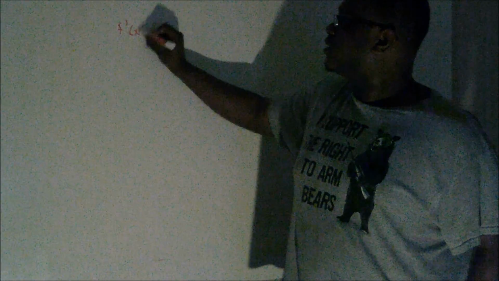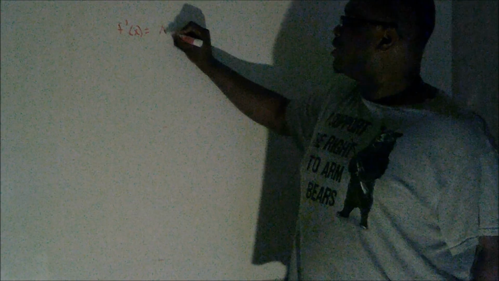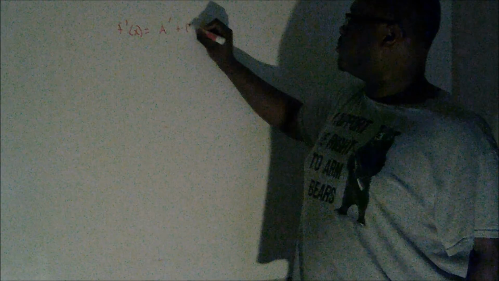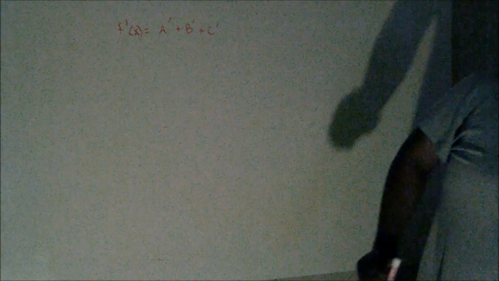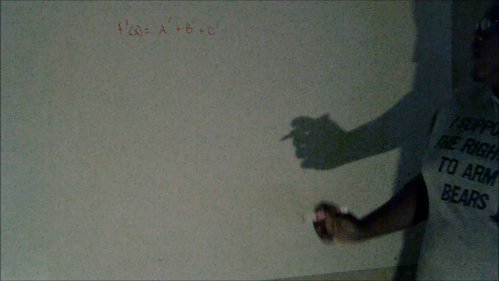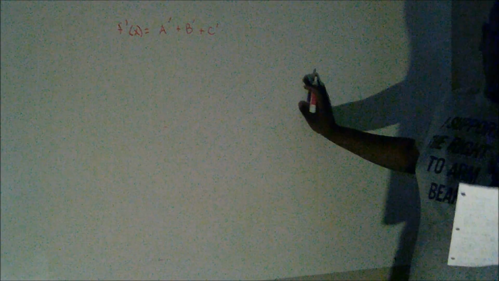So we have f prime of x is equal to a prime plus b prime plus c prime. And I'll go ahead and write the original equation again.